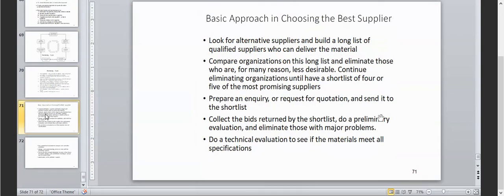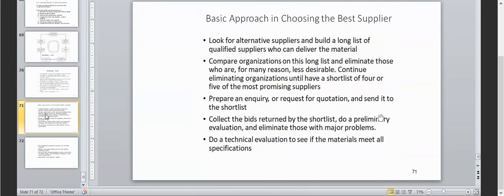And after we have the quotations, we need to do the preliminary evaluation, eliminating the suppliers that do not meet our requirements, especially requirements about the lead time, for example, and requirements about the specification of the item.